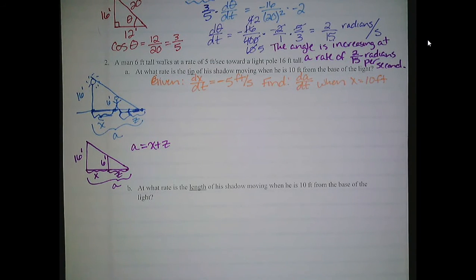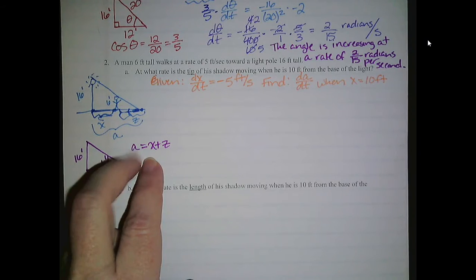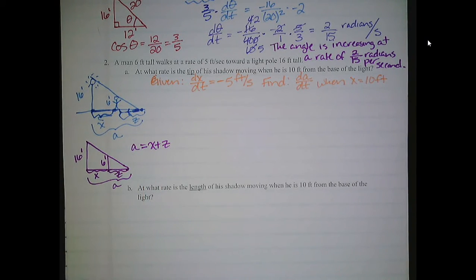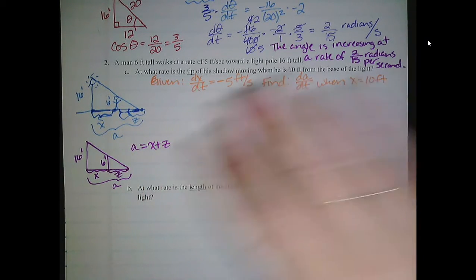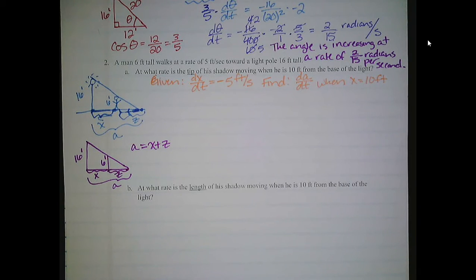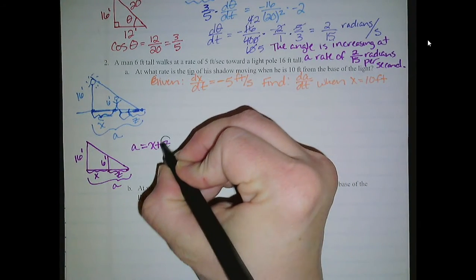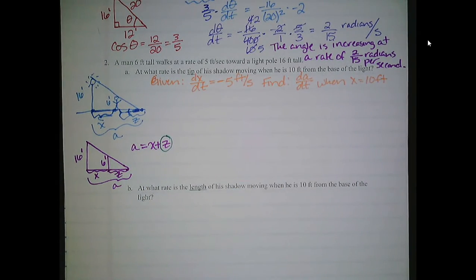And so that relates the two variables that we know about. We know about the rate of change of x. We want to know about the rate of change of z. But it also introduces the problem of this extra variable, z. We need something that relates just a and x.